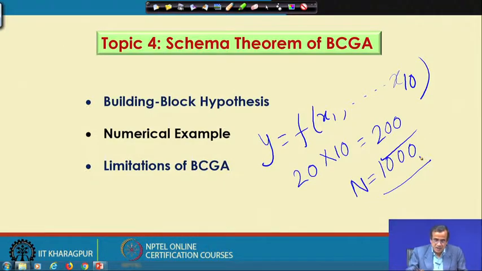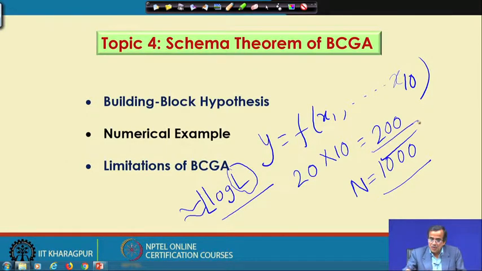That is because for this type of algorithm, the binary coded GA, the computational complexity is L log L, where capital L is the total string length, and if L is large, the computational complexity is going to increase. To overcome this type of problem, we try to take the help of the real coded GA. The binary coded GA is not going to help us achieve the arbitrary precision which we need in the values of the variables.